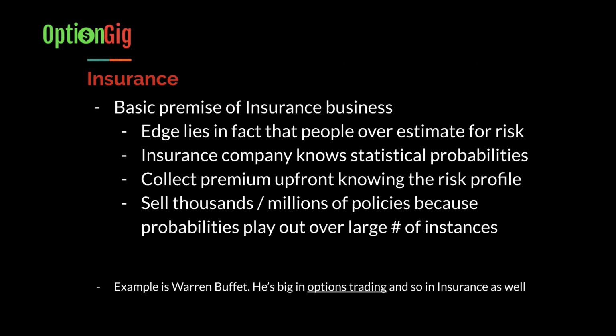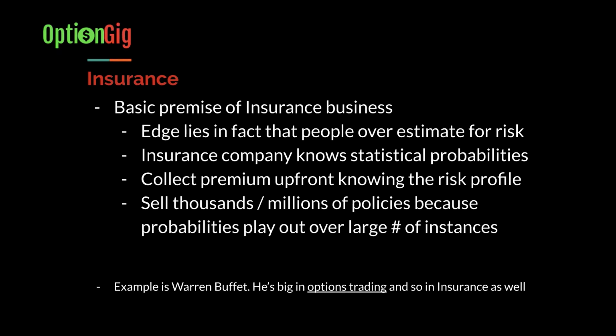So they try to spread the risk over as many policies as possible, because then the probabilities start to work in their favor. If a company sells only one type of insurance, hurricane insurance, only in an area which is impacted more frequently by hurricanes, it may get wiped out.